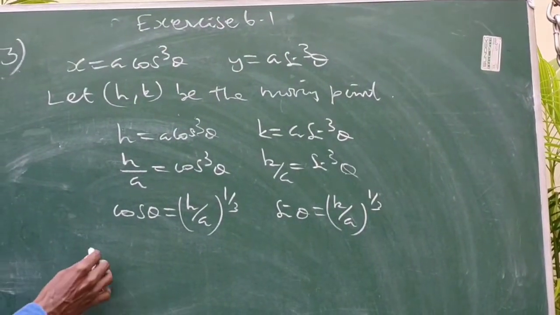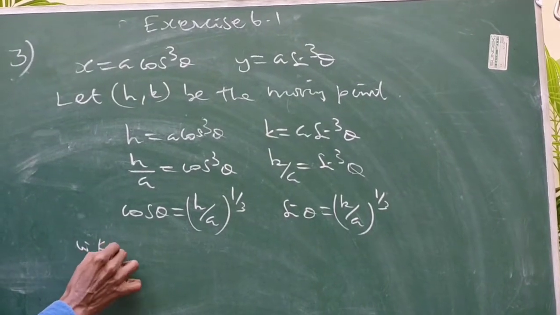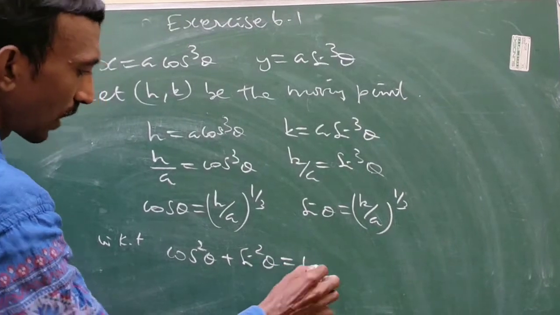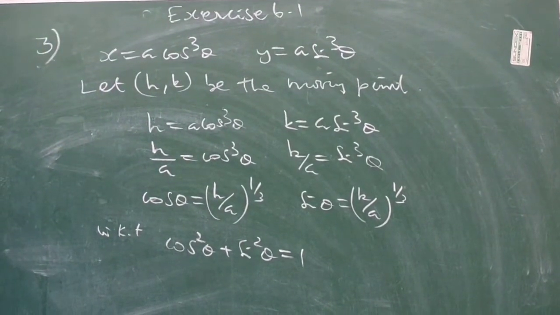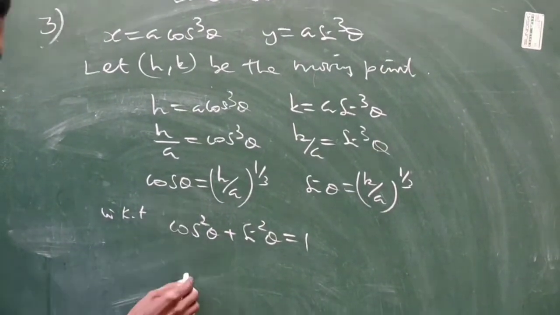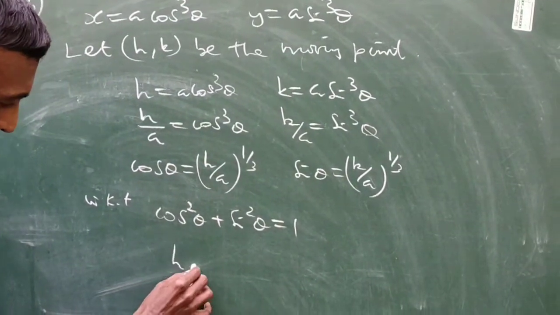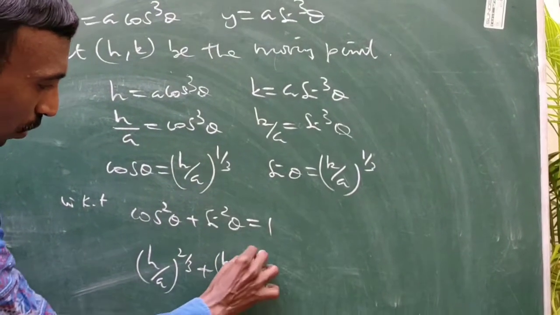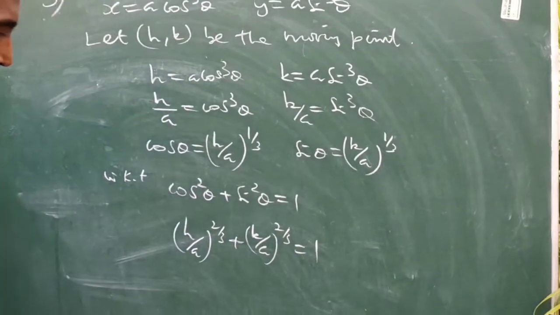So we know that cos square theta plus sin square theta equal to 1, as like the first question. To eliminate the theta, squaring and adding, we are getting it is equal to 1. So h by a the whole power 2 by 3 plus k by a the whole power 2 by 3 equal to 1.